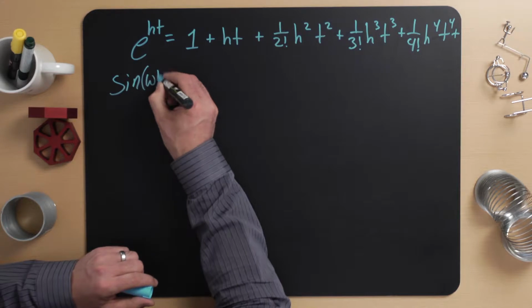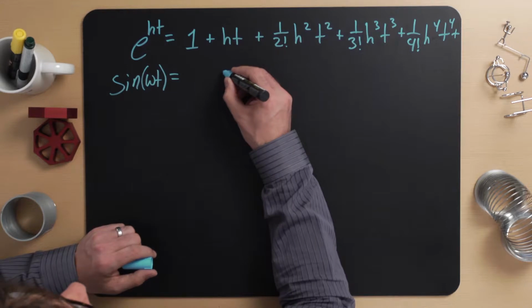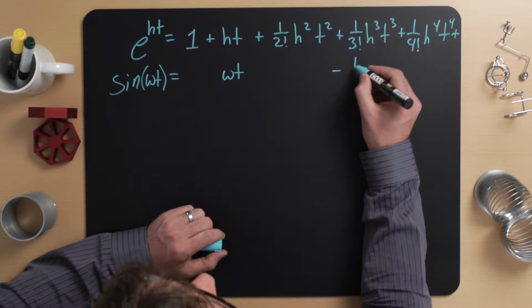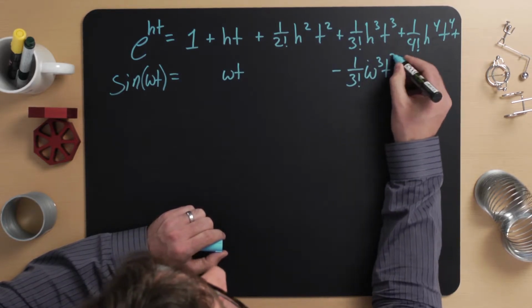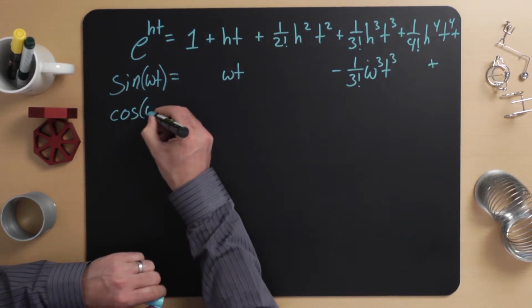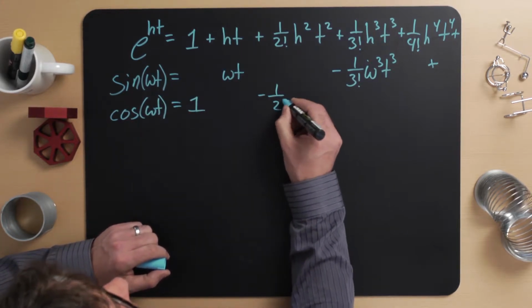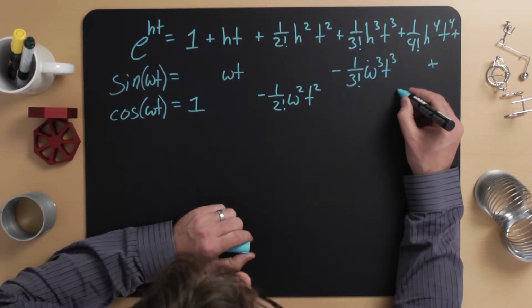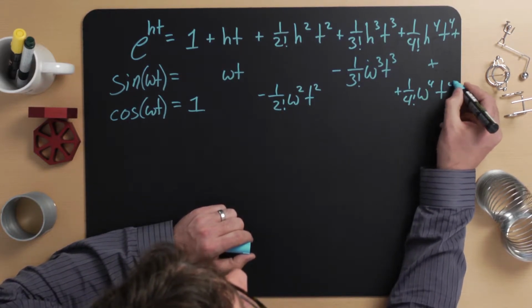Sine of omega t is equal to, there's no 0th order term, but then we have omega t, and then there's no second order term, but we have a minus 1 over 3 factorial omega cubed t cubed, and then there's more terms. Cosine of omega t equals 1, and then minus 1 over 2 factorial omega squared t squared, and then plus 1 over 4 factorial omega to the 4th t to the 4th.